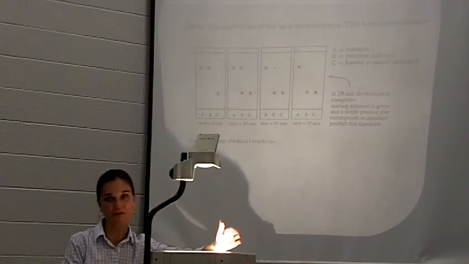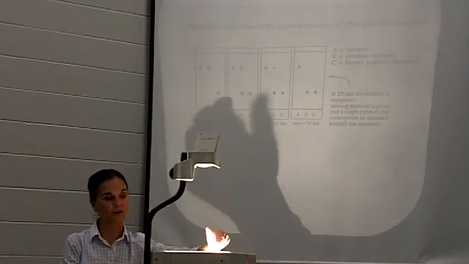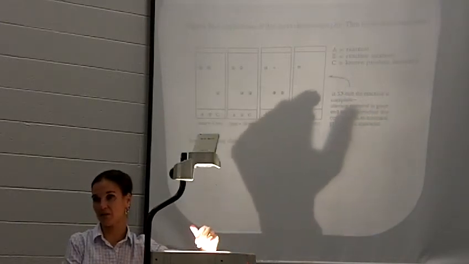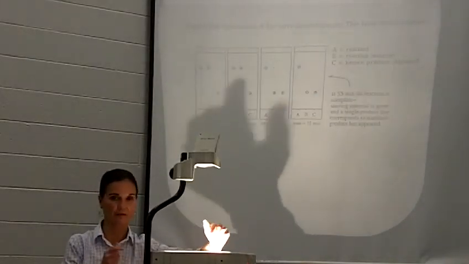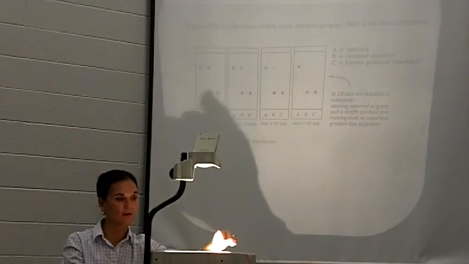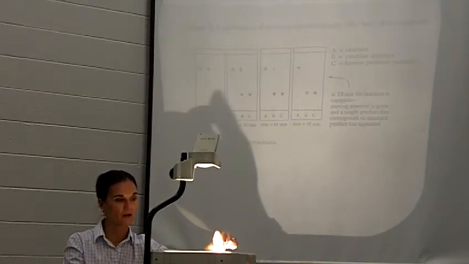What you should see over the course of time, hopefully, is spots that all reflect product, and your starting material has disappeared, okay? So this is what this example is showing you in your lab manual. We start here at time 0 with our reactant and our reaction mixture, and then our product standard.